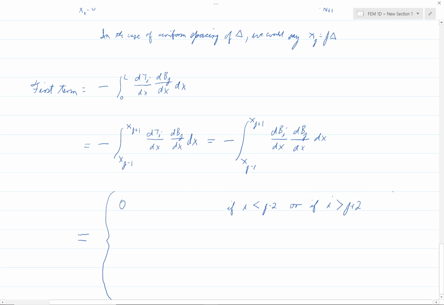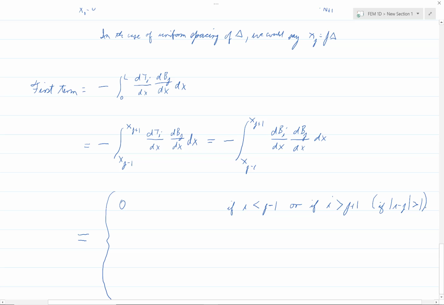Now, another way you could write that is to say if the absolute value of i minus j is greater than 1. That would be another way to write that restriction.